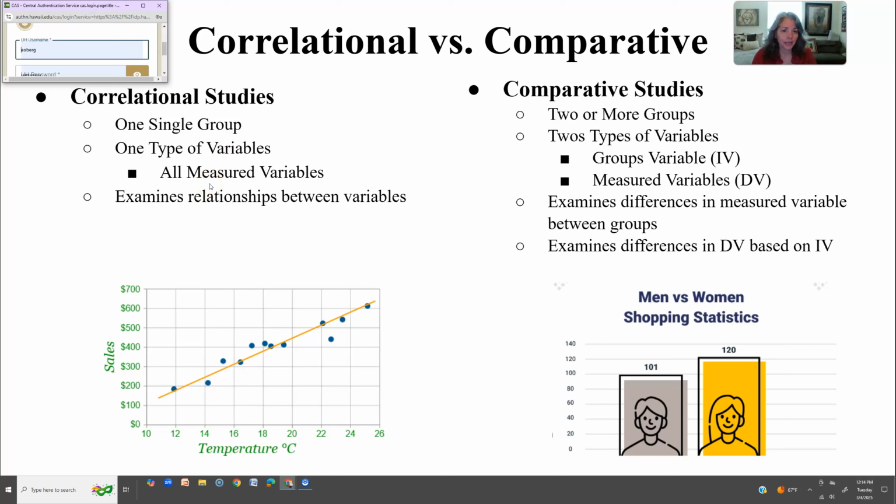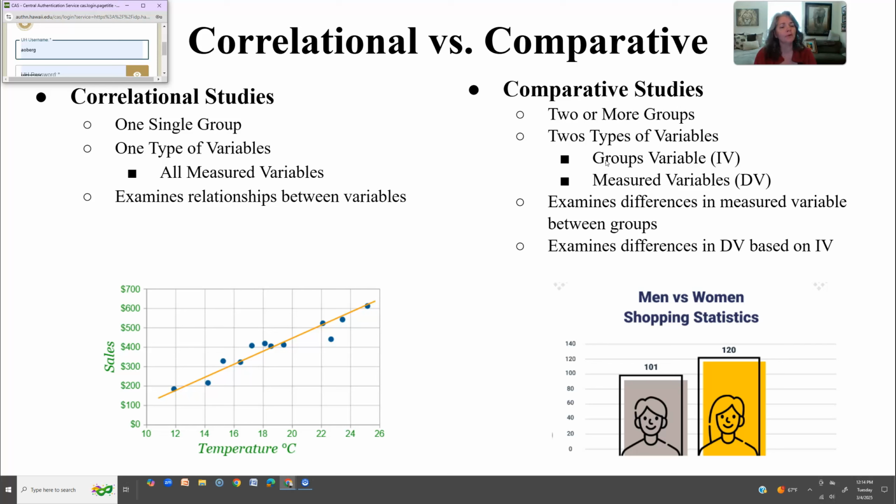And we don't have to create groups. Now we're going to do a comparative non-experimental study. In a comparative study, you have to have at least 2 groups that are being compared to one another. So you're going to have 2 different types of variables. Unlike a correlational study where they were all measured variables, now you're going to include a grouping variable.